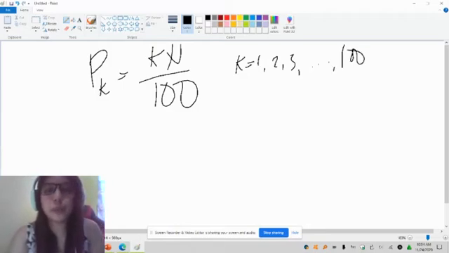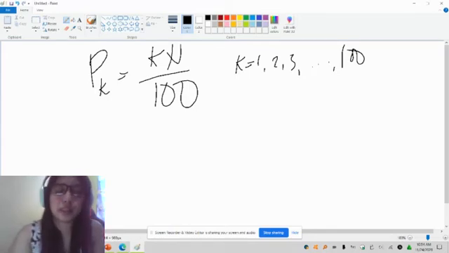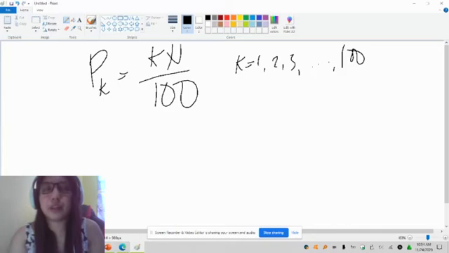Okay, so how will we compute now for, let's say, the 10% of the data? Let K be equal to 10. If K is equal to 25, that is the 25% of the data.